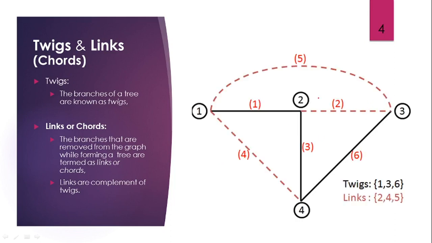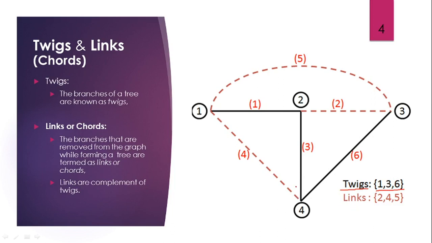Look here. The solid black lines are the twigs. Say we have the tree of 1, 3 and 6: branch number 1, branch number 3 and branch number 6. The branches which make up the tree, or which are covered in a tree, are known as twigs. So what are the twigs here? 1, 3 and 6. So what is the complement of these twigs?